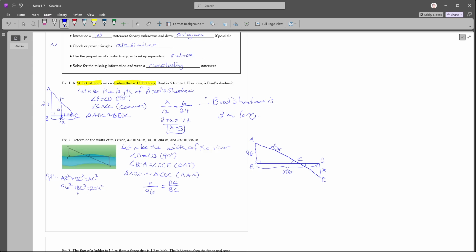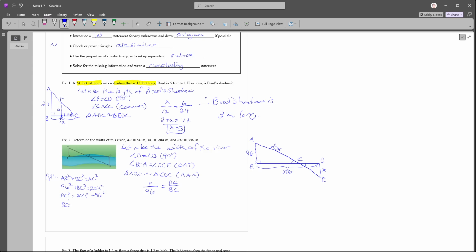So let's rearrange this so we're solving for BC. That means we're going to bring the 96 over to the other side. So we end up with BC squared, which is equal to 204 squared minus 96 squared. Now, when you do this math, you should remember we're doing the square of these, and then we have to take the square root of both sides to calculate for BC.